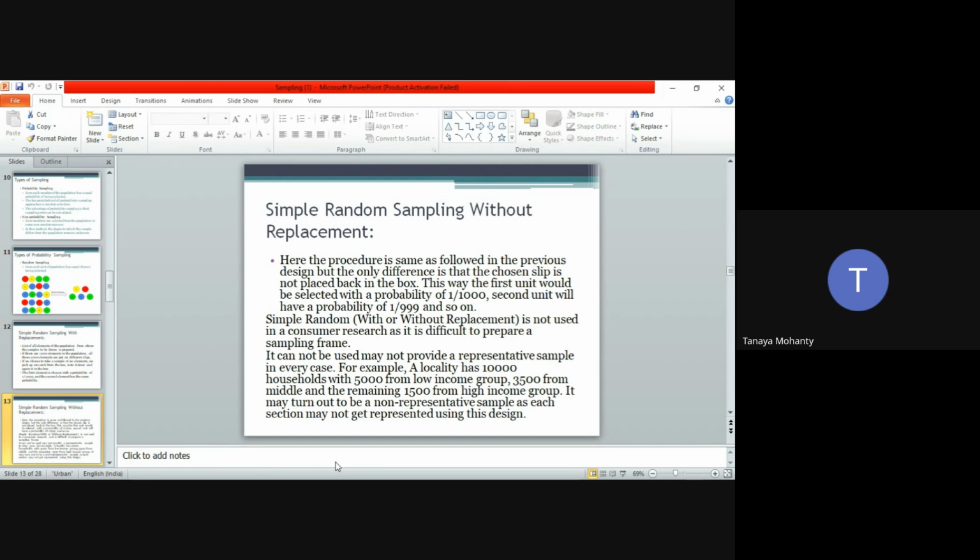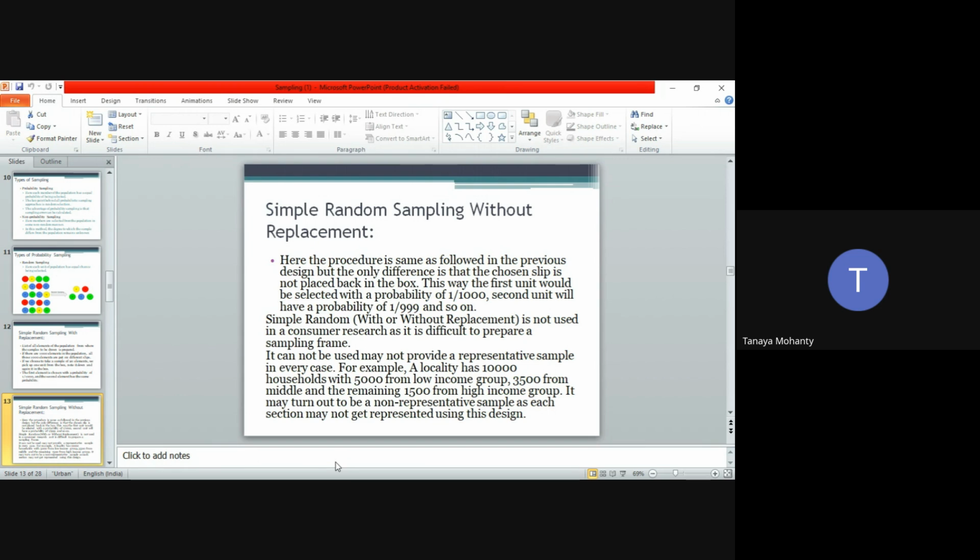Say the maximum households belong to the low income group, but somehow, because of this lottery method, I got the maximum number of households from the high income group. So when I take their views, definitely I will land up having certain kinds of biases, because my sample was not properly represented. So it will amount to sampling error.